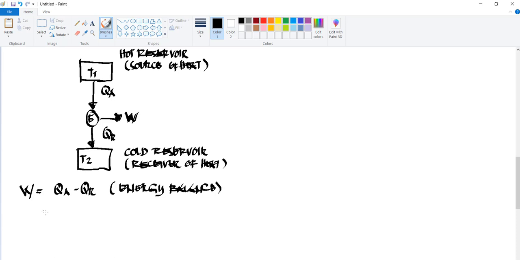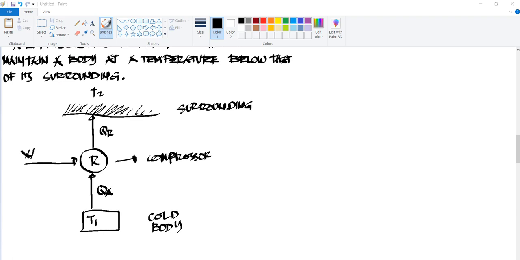And we can also get the efficiency of the engine, that will be the work divided by your Q absorbed. That is the ratio of the work produced to the heat supplied to the engine. Or let's say that will be Q absorbed minus Q rejected, divided by Q absorbed.